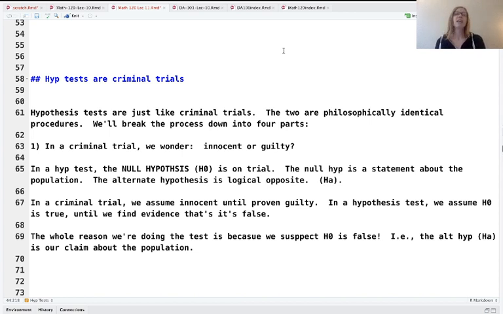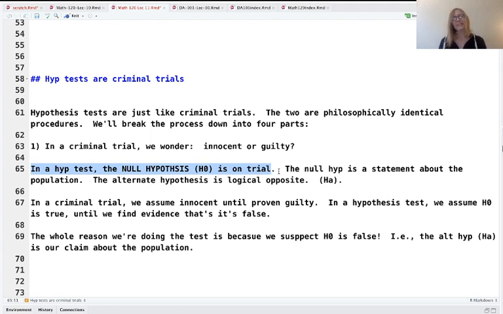First, in a criminal trial, we wonder, is the defendant innocent or guilty? That's the big question. That's the reason we're having a criminal trial. We've got a defendant. We need to figure out if they're guilty or not. Now that's really similar to a hypothesis test. In a hypothesis test, the null hypothesis is the defendant.